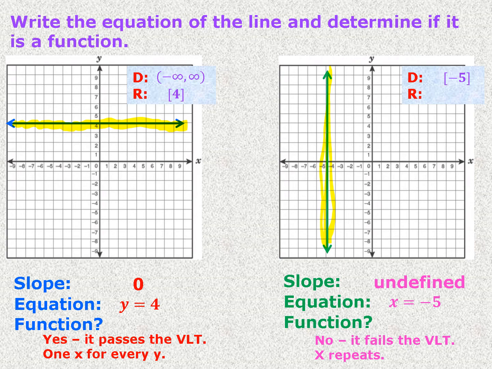So I write -5 in brackets because I can actually touch it, and every x on this line is a -5. But let's talk about range. It goes from negative infinity all the way up to positive infinity. So in this case, the range is negative infinity to positive infinity.